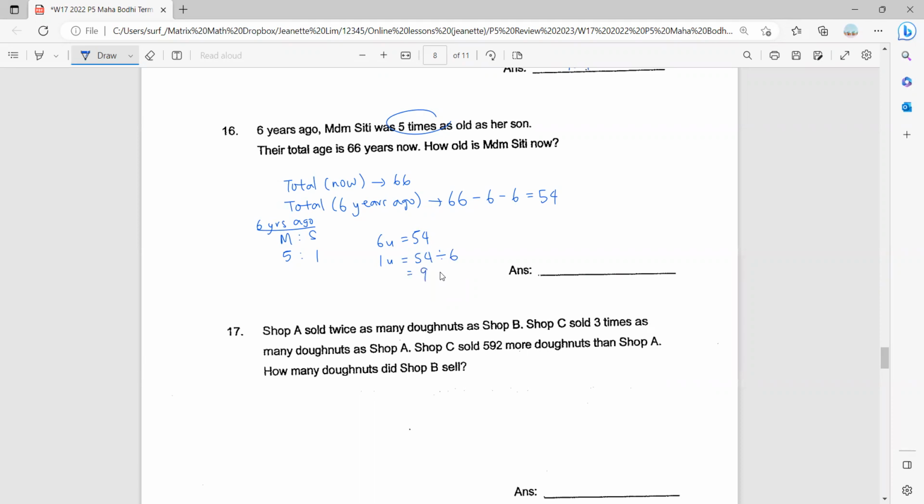Madam City 5 units, which is 45. Now take note that this is Madam City's age 6 years ago. To find her age now, you need to add back 6. So she's now 51 years old.